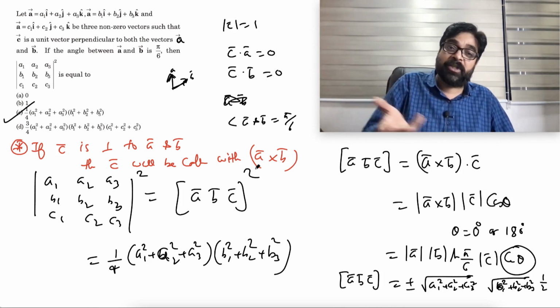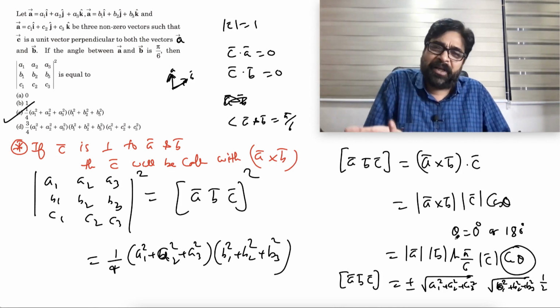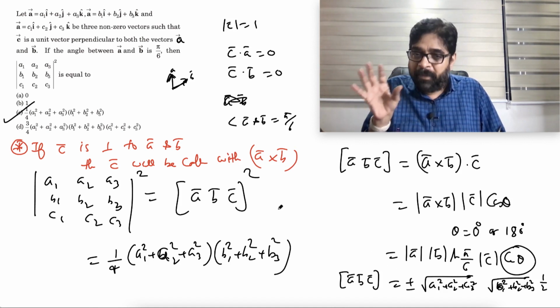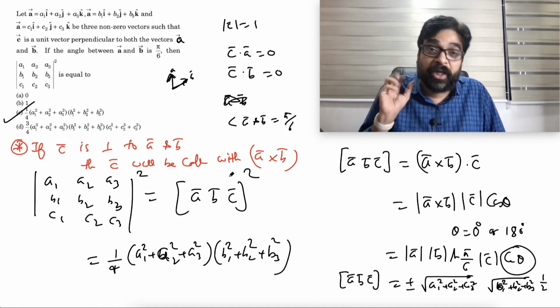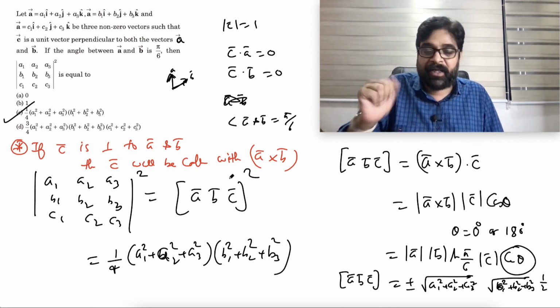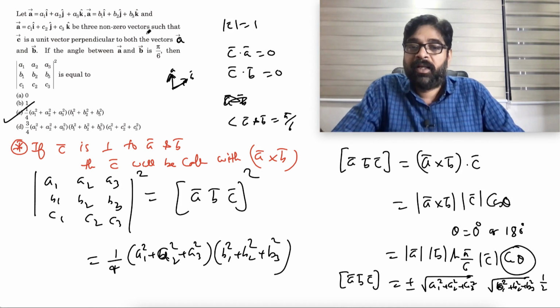I see people say parallel. Here it does not matter. If you take parallel also, the answer will come the same because we are going to take a square. But the correct version is collinear, not parallel. It can be 0 degree also. It can be 180 degree also. Have you understood?